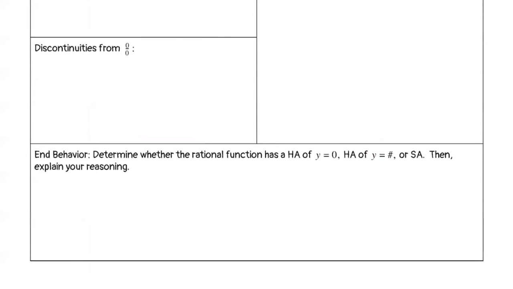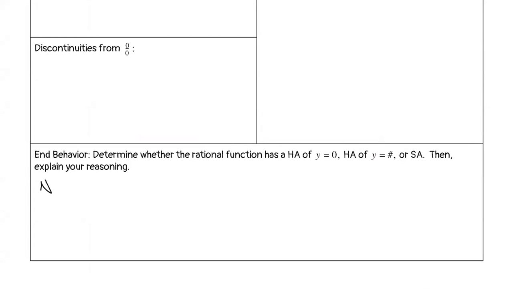So it says determine whether the rational function has a horizontal asymptote of y equals 0, y equals a number, or a slant asymptote. Then explain your reasoning. And so here's an example of how we might want to write this, okay?